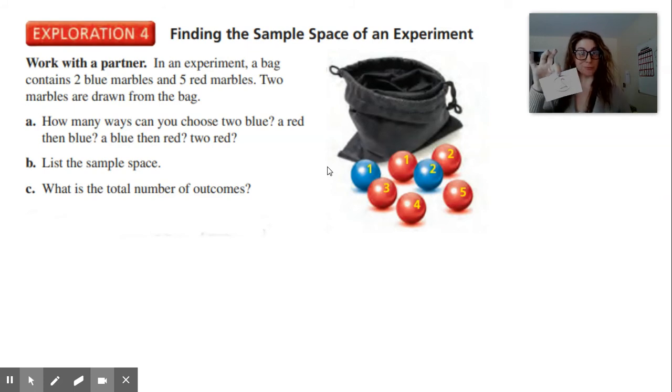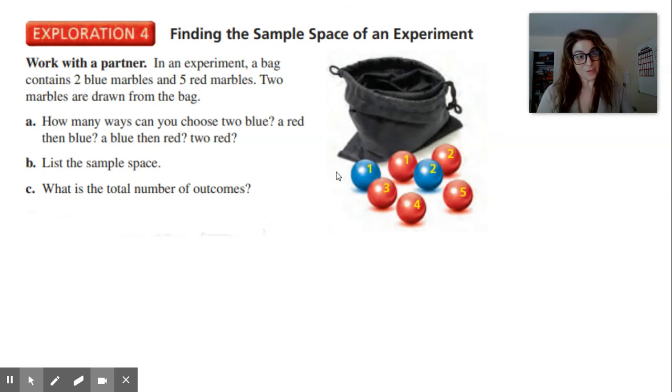Red 2, blue 2. I can move on to 3. Red 3, blue 1, red 3, blue 2. And if I go through that, that means every red had 2 possibilities for the blues, right? Every red, I could pick ball 1 for blue and ball 2 for blue. So if everyone had 2 possibilities, that makes 10 total.